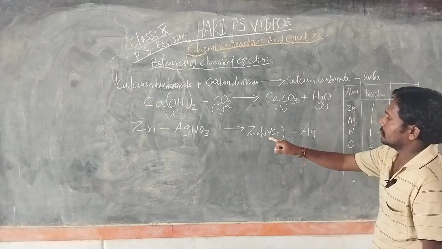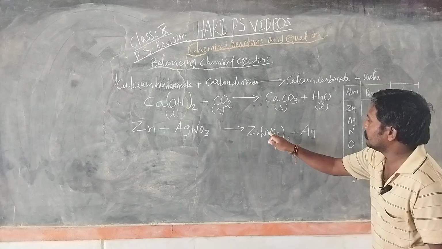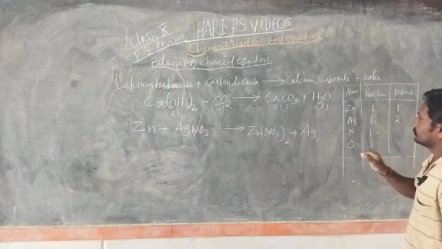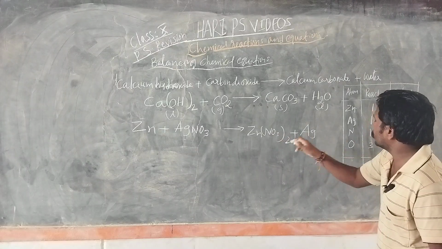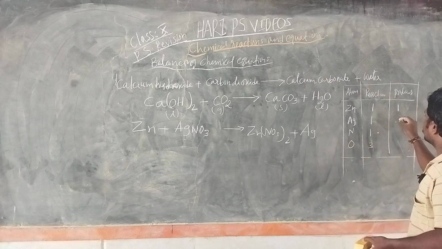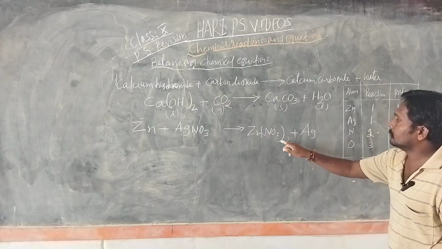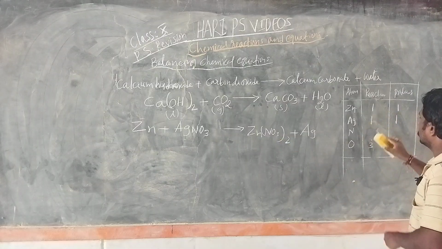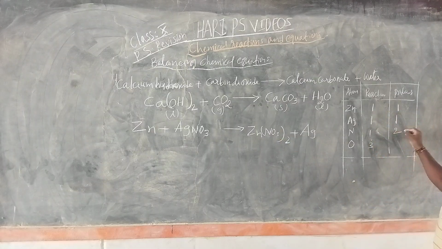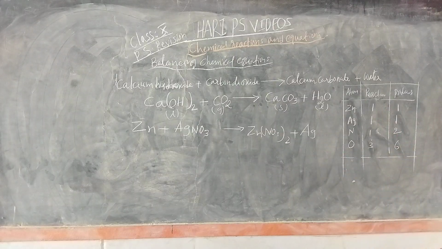Then products: zinc 1, nitrogen 2 into 1, 2, oxygen 3 into 2, silver 1. Products are nitrogen 2, oxygens 2 threes are 6.